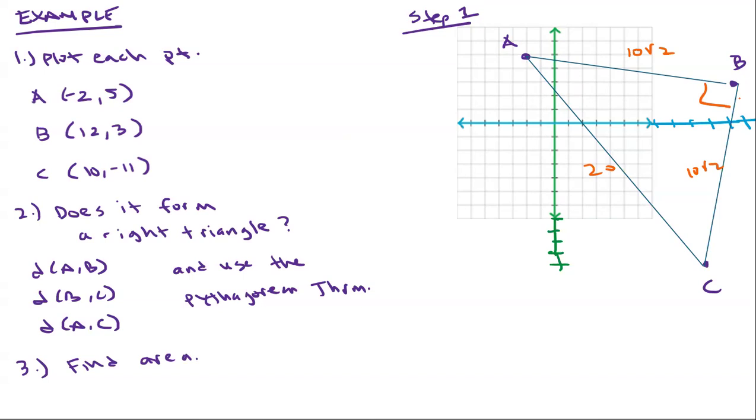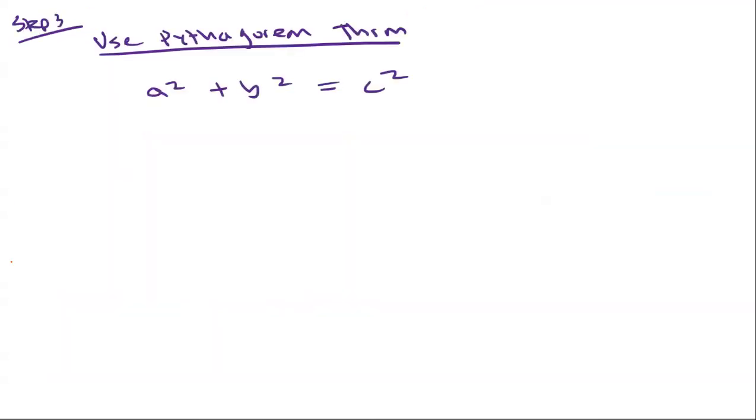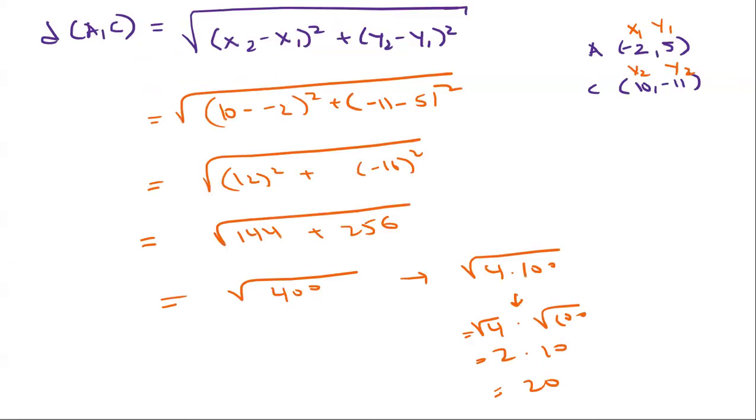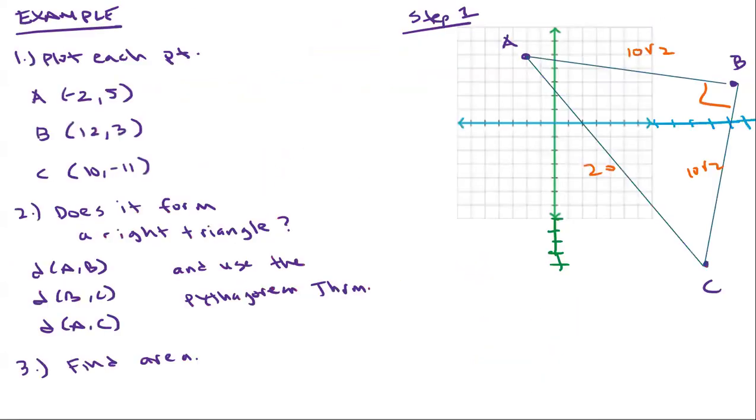Now I need to apply the Pythagorean theorem to determine whether this is a right triangle or not. It doesn't matter what you put for the sides A and B in the Pythagorean theorem, but it does matter what you put in for C. And again, C is the longest side of that triangle.